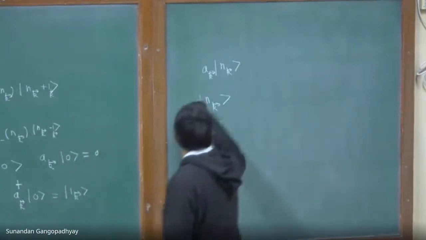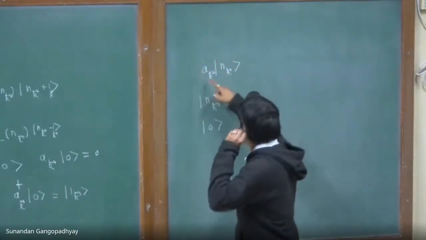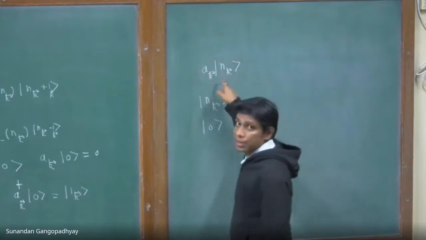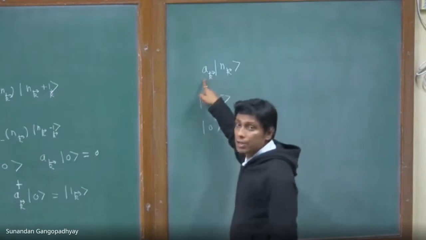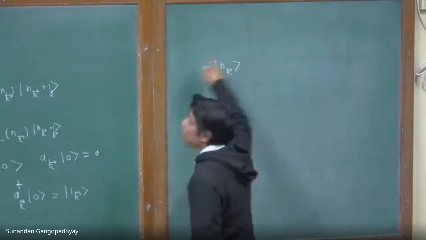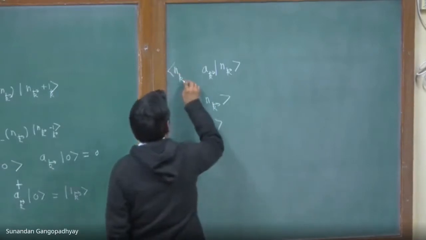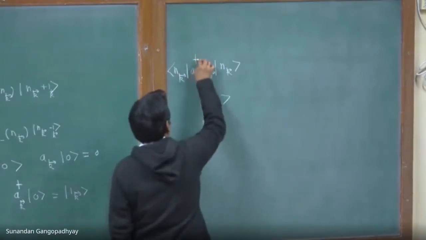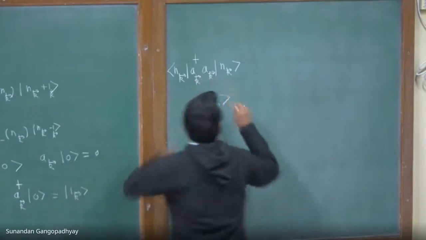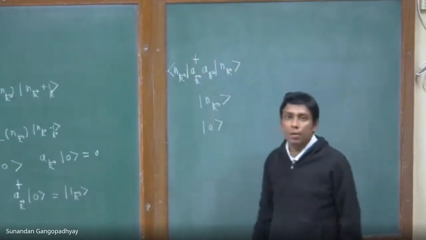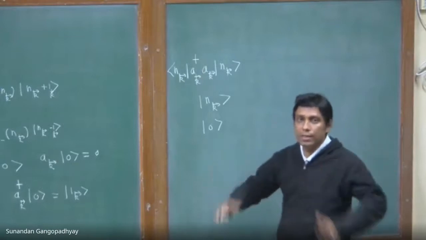Why? Because let us see, if you construct any arbitrary vector like this, if you have a number representation state |n_k>, act on it with the annihilation operator a_k, and you take the norm of this state. So what will be the norm of this state? The norm of this state will be <n_k| a dagger_k a_k |n_k>. Just take it and act it and take the complex conjugate, take the bra, and just multiply.